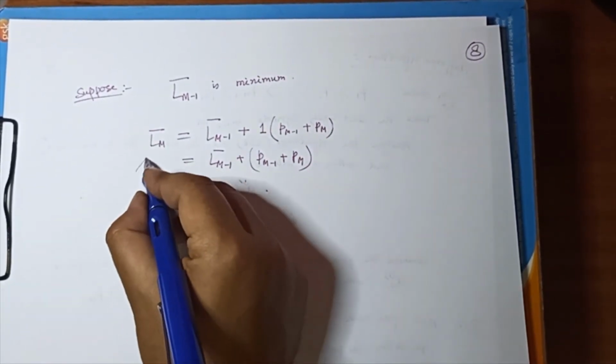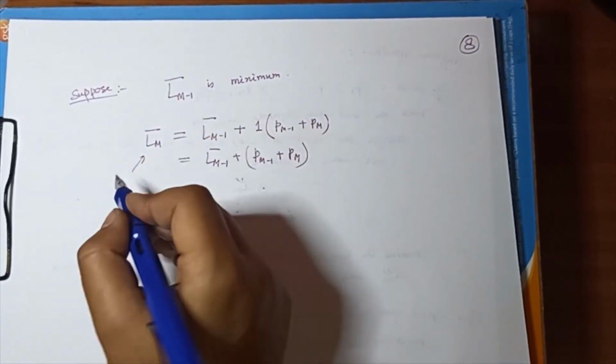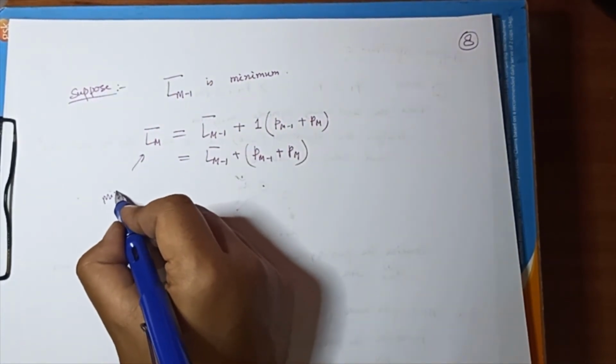So if L_{m-1} is minimum, then L_m will also be minimum.